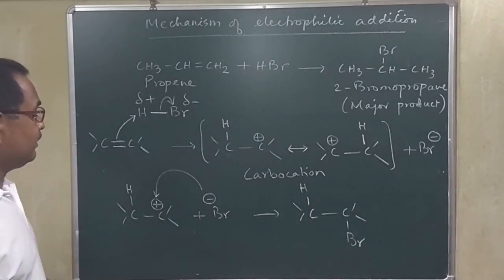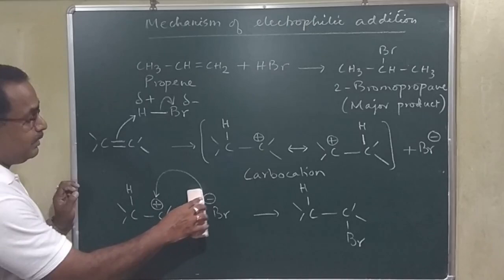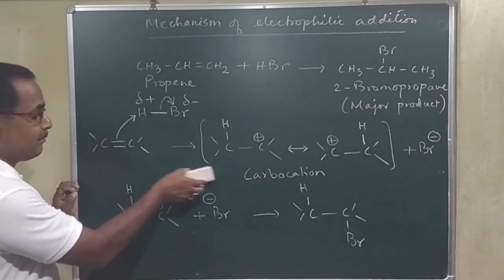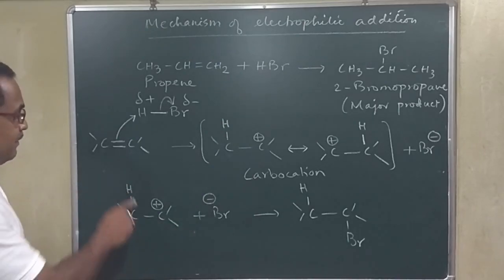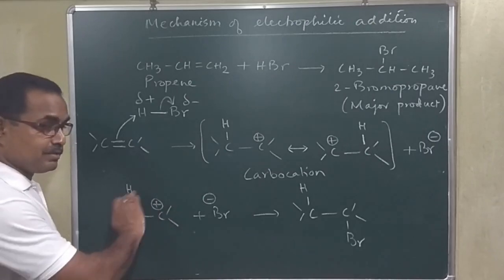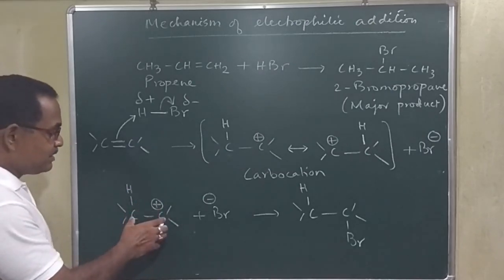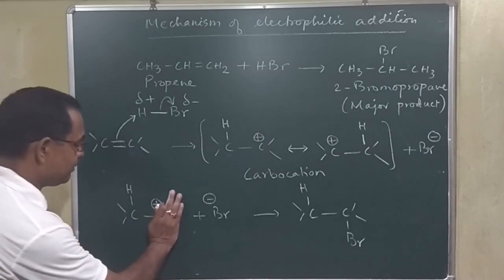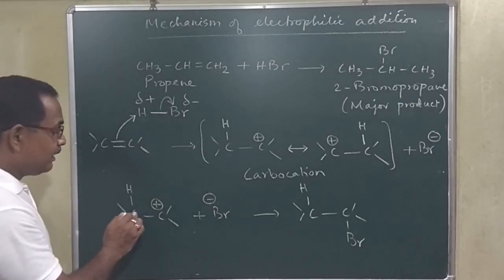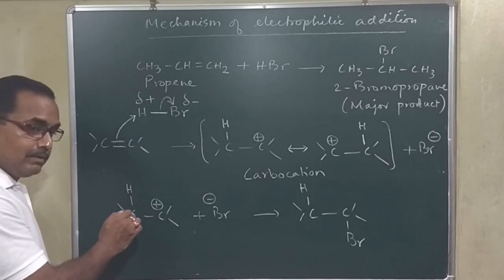In this connection, you remember one thing. Actually, this arrow should not be placed like this. Because you see, this hydrogen is delocalized over one face of the alkene. If this is the alkene, the carbon skeleton lies suppose along this plane, then there will be hydrogen above this plane.